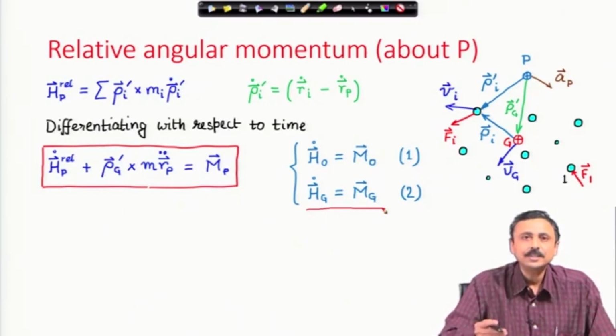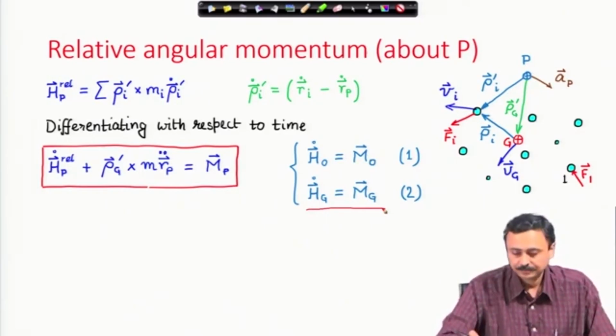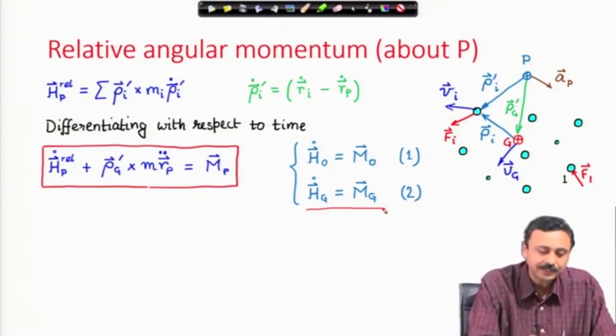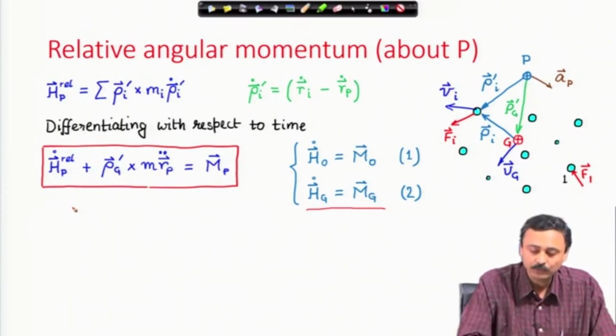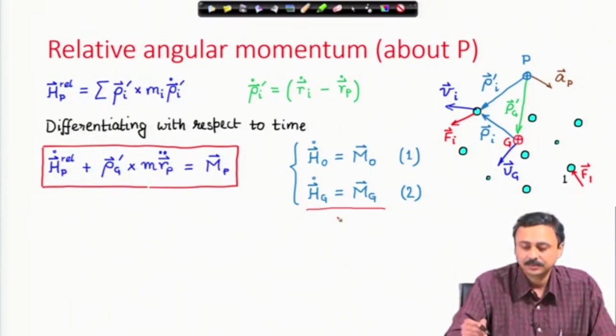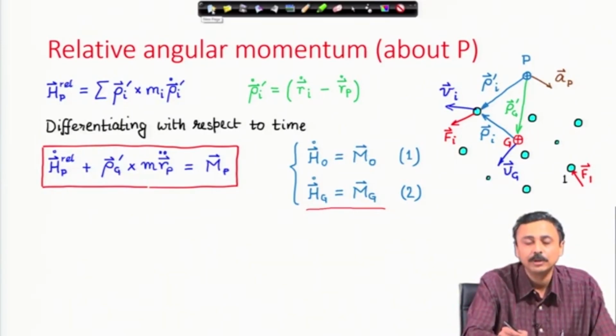This is analogous in structure. Therefore, we would like to know under what conditions we can get this simplified equation for angular momentum from our relative angular momentum relation.